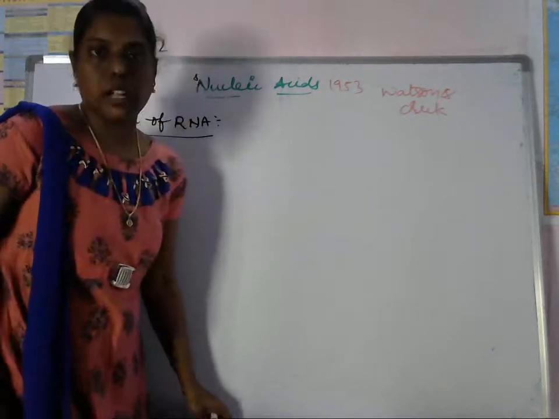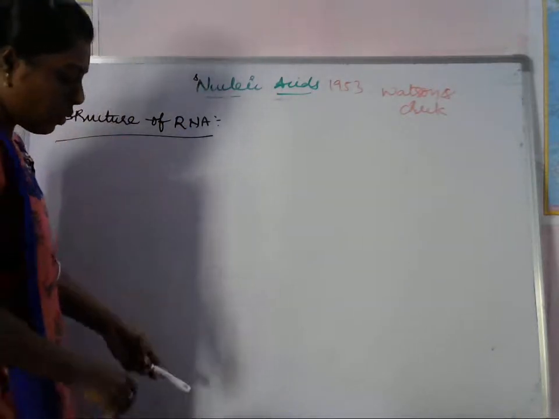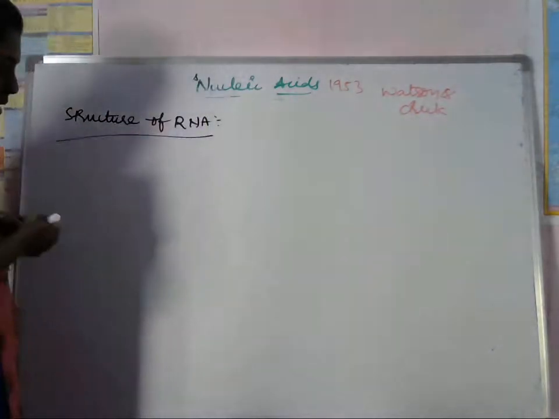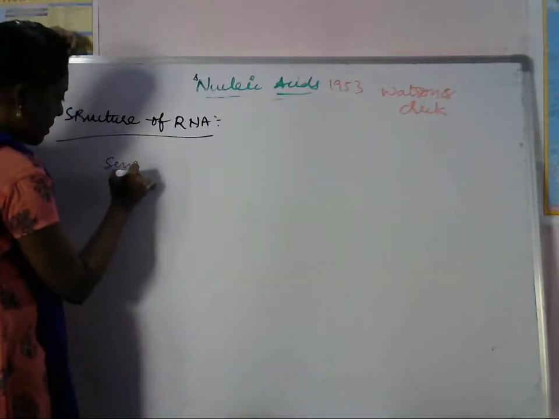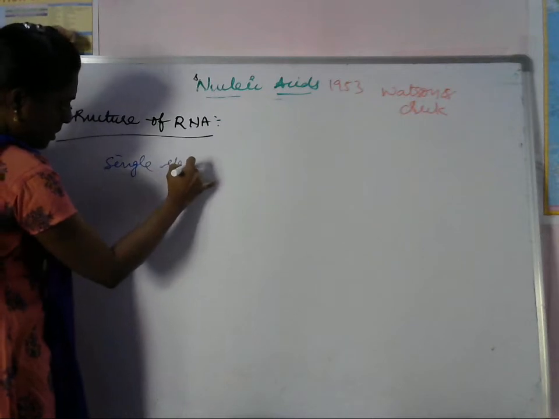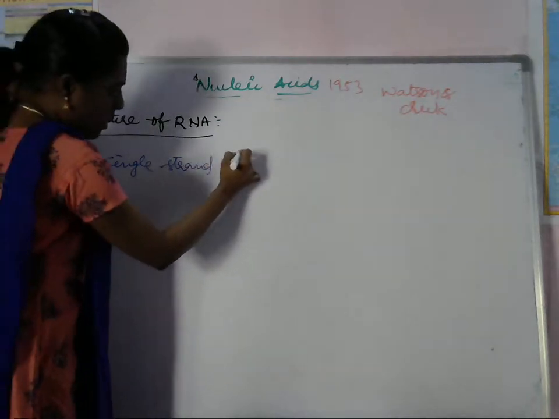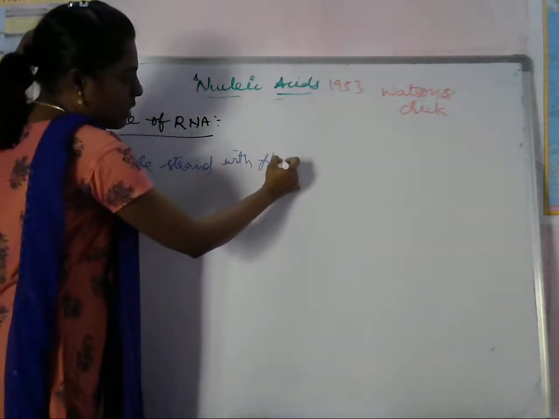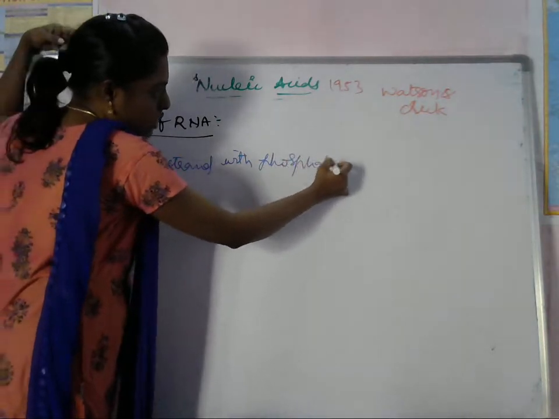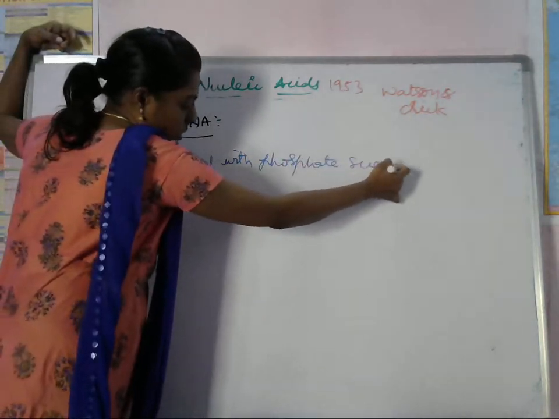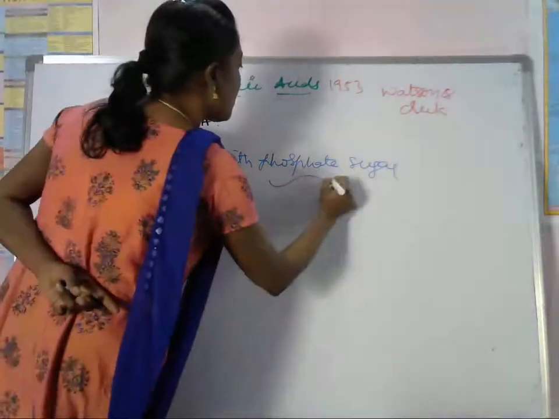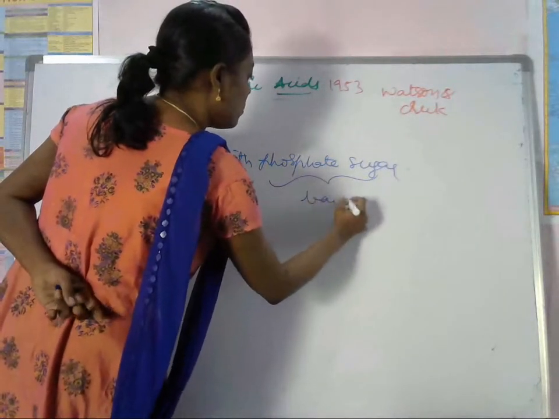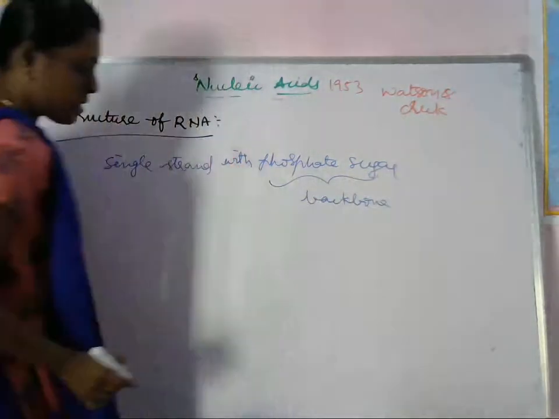There is no double or tertiary structure, only a single strand with phosphate and sugar as a backbone. This is called the backbone.